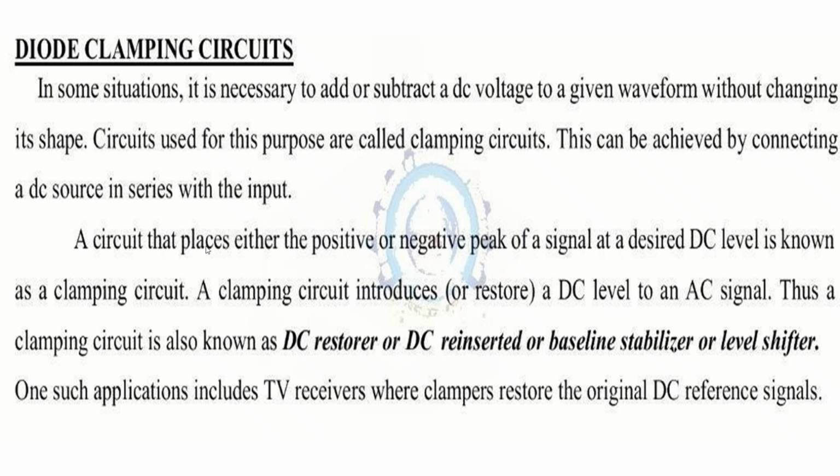A circuit that places either the positive or negative peak of a signal at a desired DC level is known as a clamping circuit. A clamping circuit introduces or restores a DC level to an AC signal. Thus, a clamping circuit is also known as a DC restorer, DC reinserter, baseline stabilizer or level shifter.